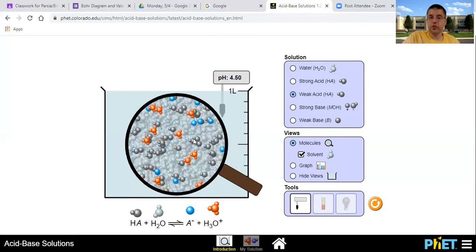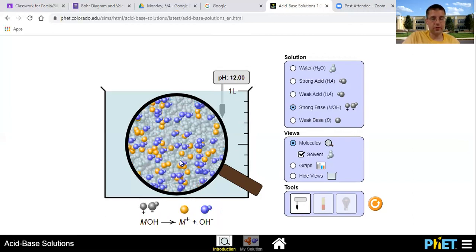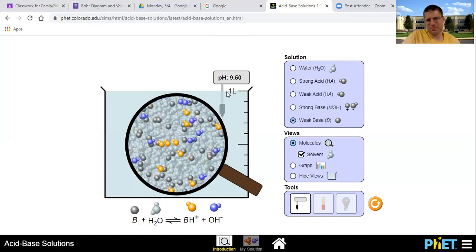Weak acid, some dissociation, not as much H3O from the dissociated hydrogen, higher pH. Strong base, 100% dissociation, so there's really no hydrogen in there by itself, therefore a very high pH. Weak base, basic but not that high.